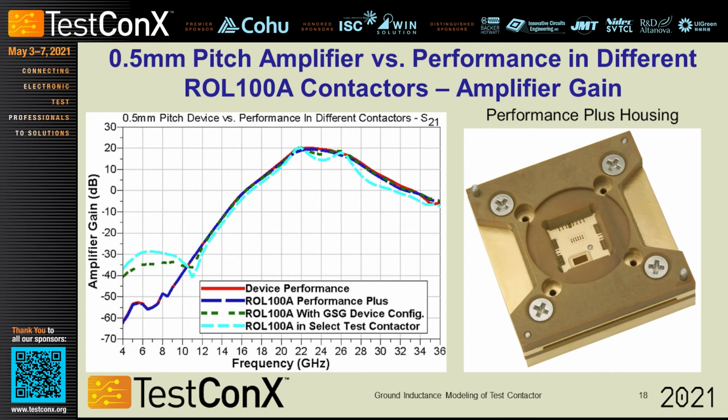Now I'd like to get into a few different examples. This one's a 0.5 pitch amplifier with different Roll 100 contactors. The contactor on the right is basically a Performance Plus contactor, but it's not the contactor used in this design. You can see it's a metal contactor, and the darker areas on the outside are basically coaxial-like inserts for the RF signals.